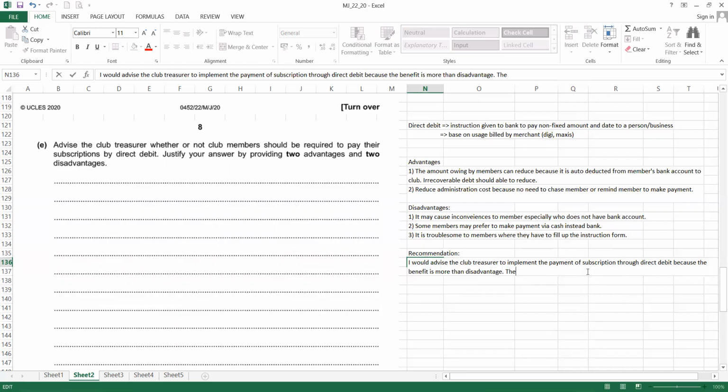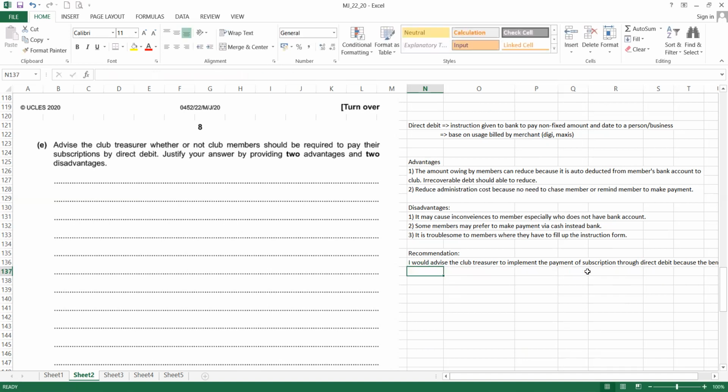The club may arrange all necessary documentation to be signed by members, then pass to the bank to process, to reduce inconveniences to members. So this is one of the suggestions.